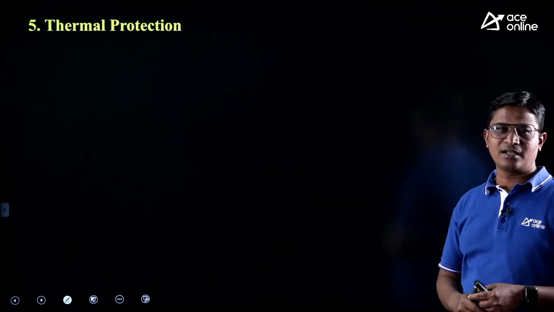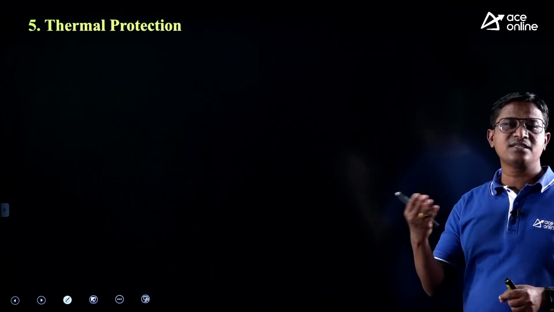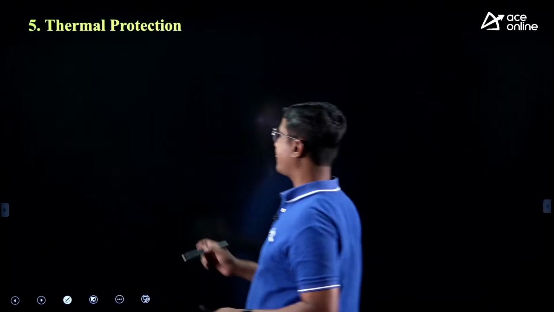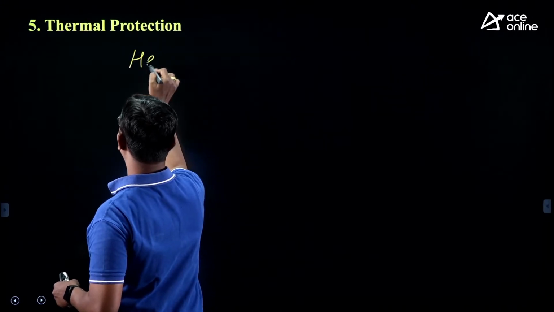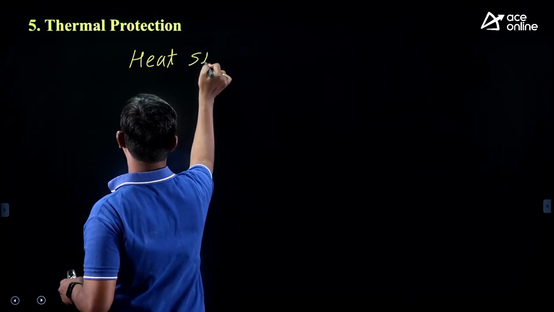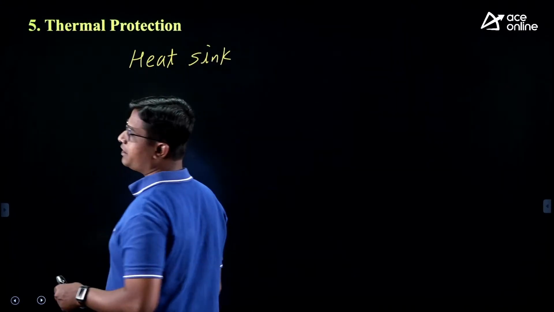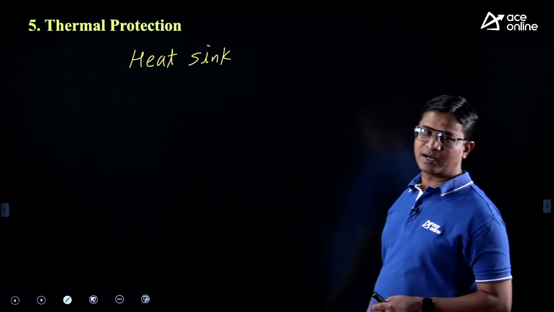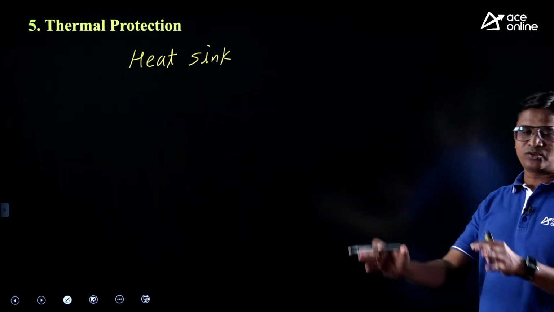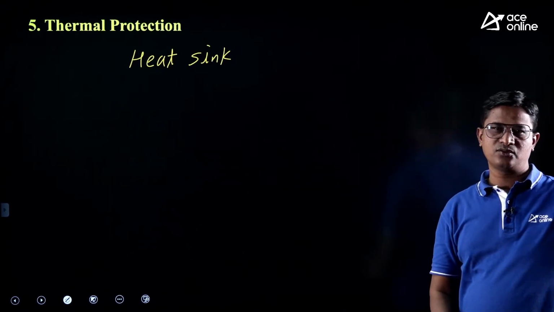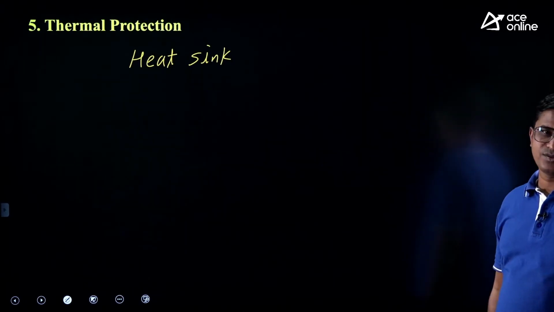For that, generally a heat sink is used. With the help of the heat sink, we collect the additional heat generated in the device body and throw that heat to the surrounding.